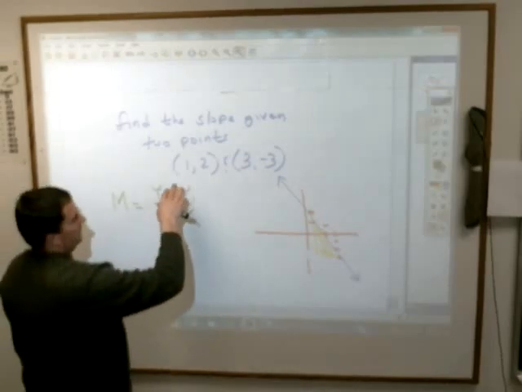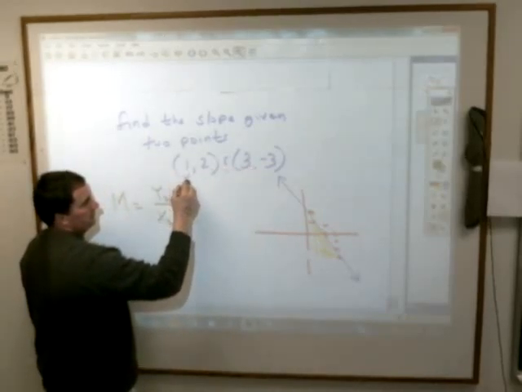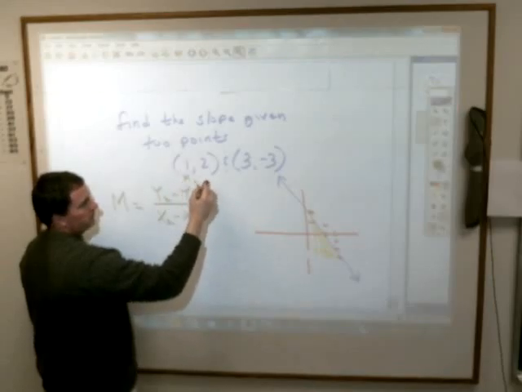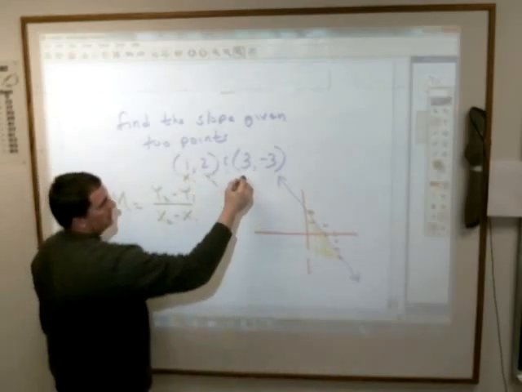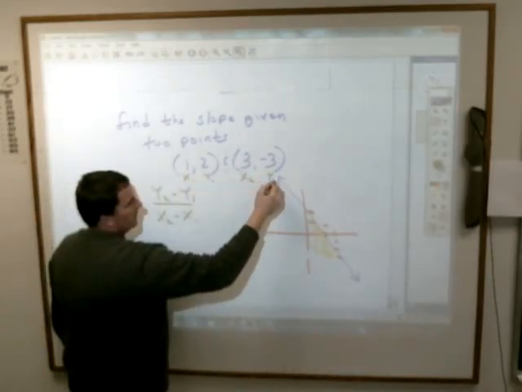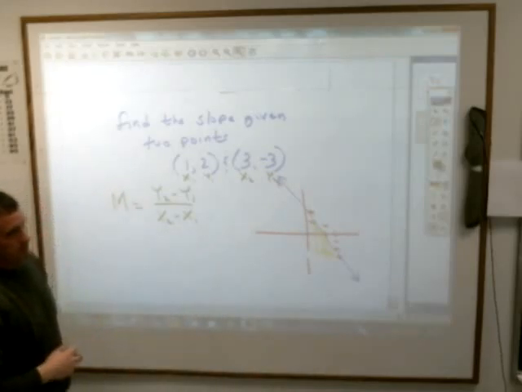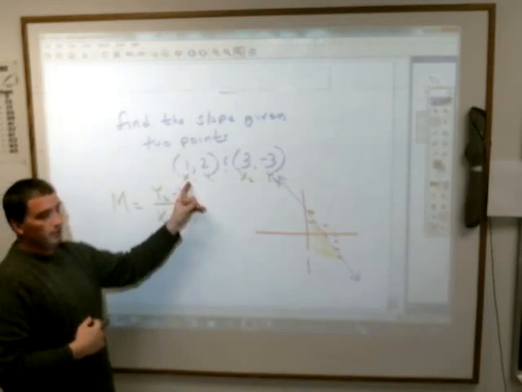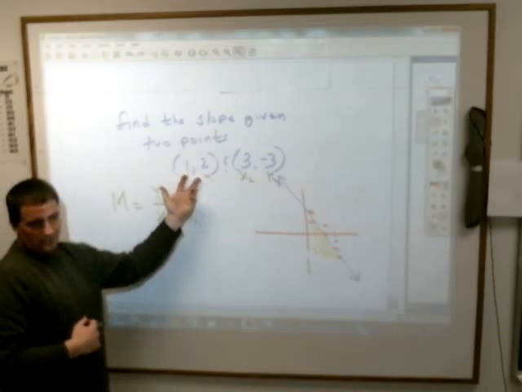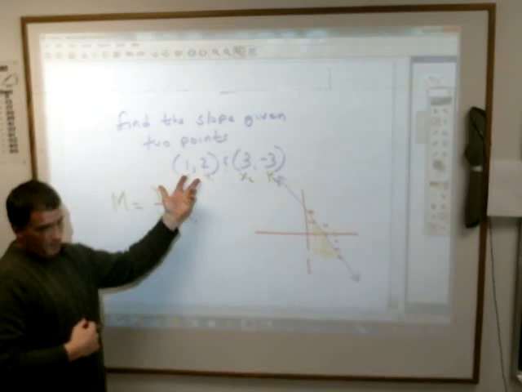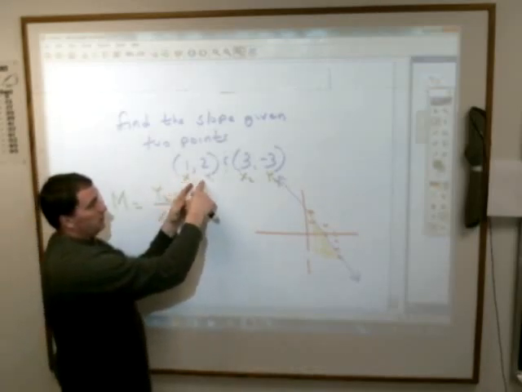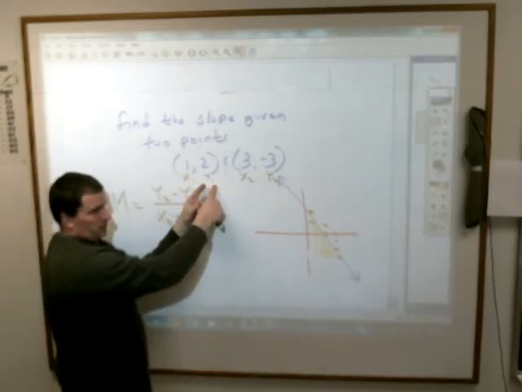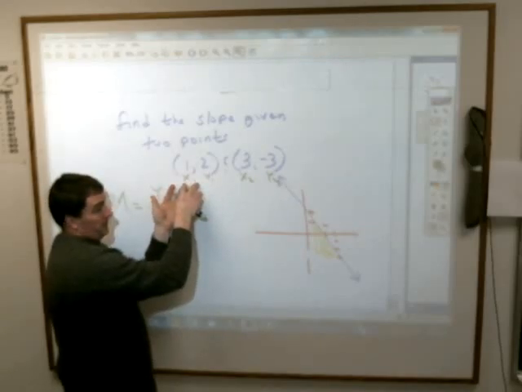And it doesn't matter, this is x1, because x always comes first, y sub 1, x sub 2, y sub 2. Always, you have to match the two. If you put a sub 1 for this one, the sub 1 has to be in the same parenthesis. I could call these x2, y2 if I wanted to. It doesn't really matter which one you call 2s and 1s as long as they're both the same thing.